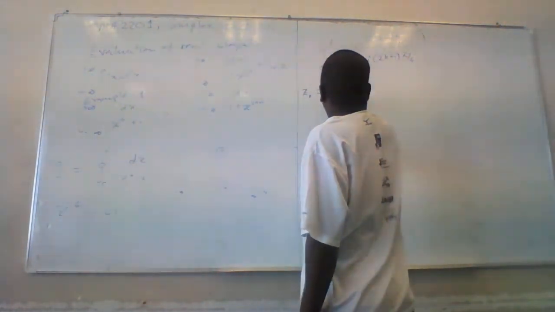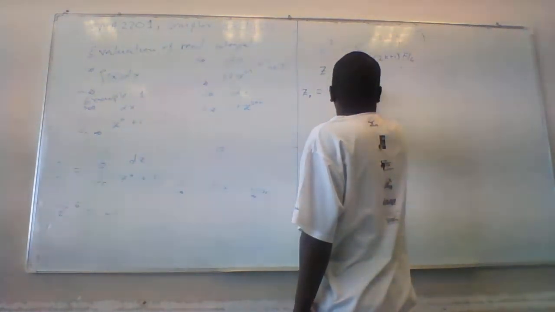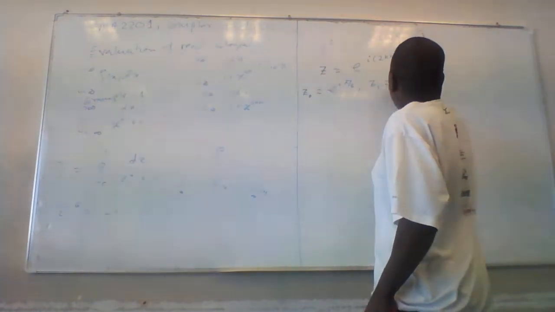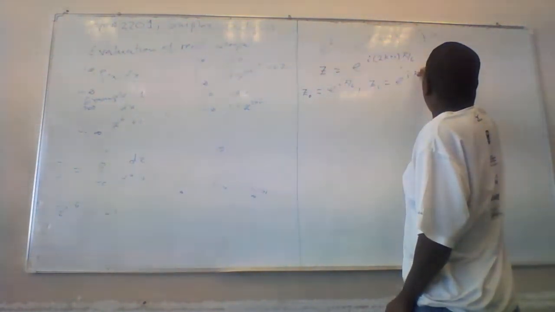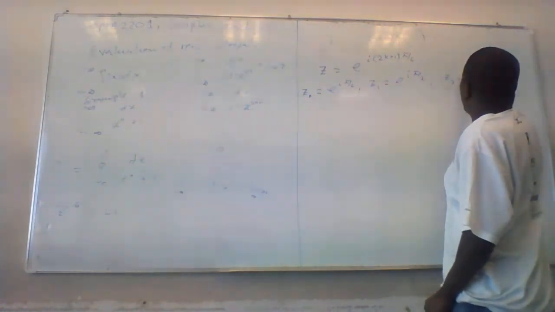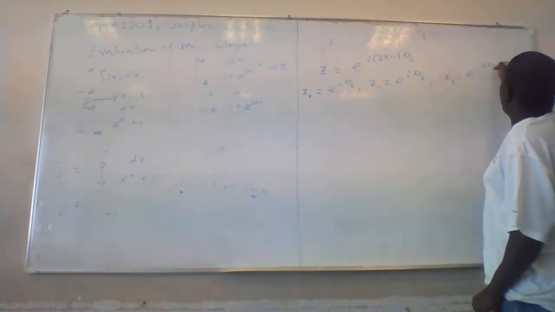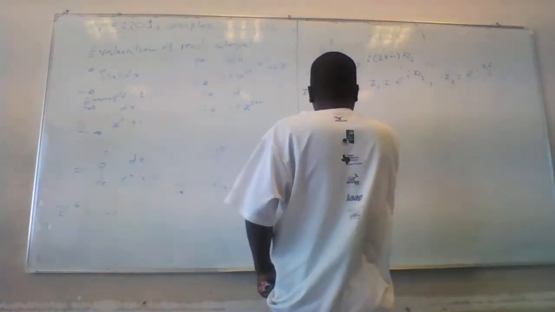Z0 is given by e to the i pi over 6. Z1 is given by e to the i pi over 2. Z2 is given by e to the i 5 pi over 6.